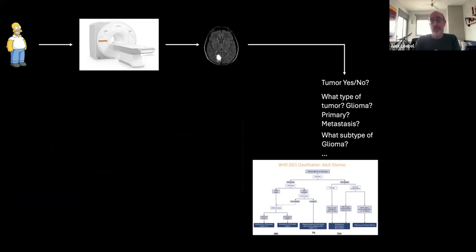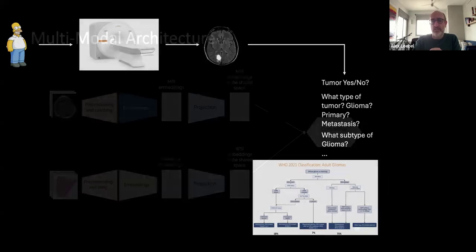If it is glioma, then what kind of glioma? Maybe it's not primary, maybe it's a metastasis, and so on. So answer all these questions directly from the imaging. Non-invasive early diagnosis that actually skips over the whole pathology part.